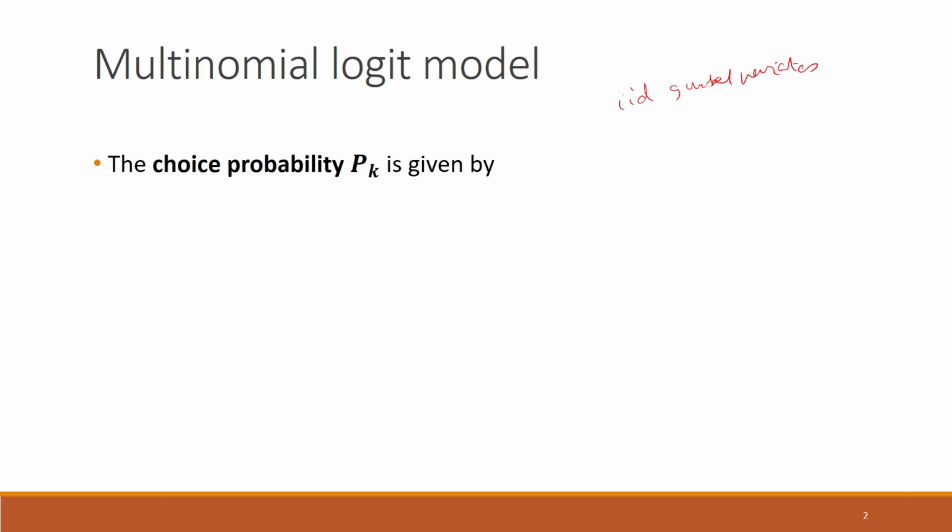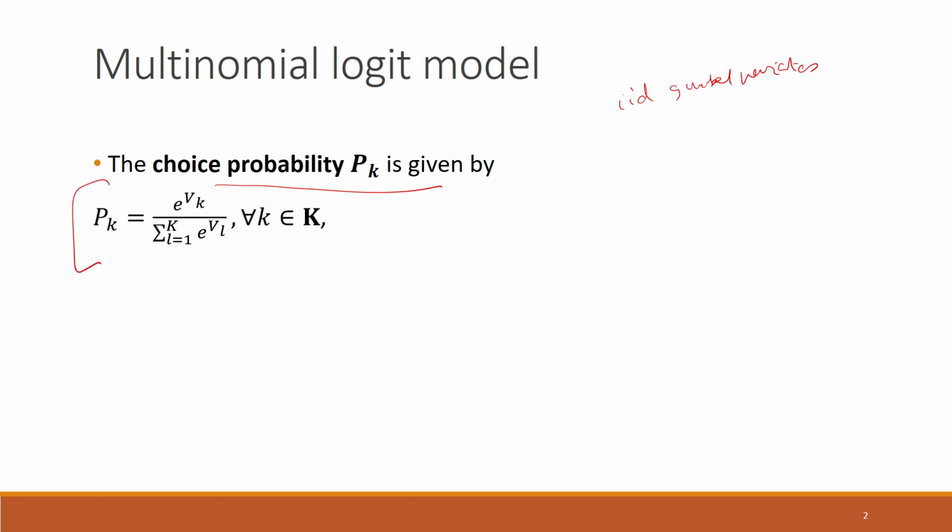We will be skipping the derivation of using the distribution of those error terms to obtain the probabilities of choosing different alternatives, because that is slightly complex in the case of the logit model, and we will directly mention what expression finally comes out. So, the choice probability pk, that is the probability of choosing the kth alternative in the logit model, is given by this expression.